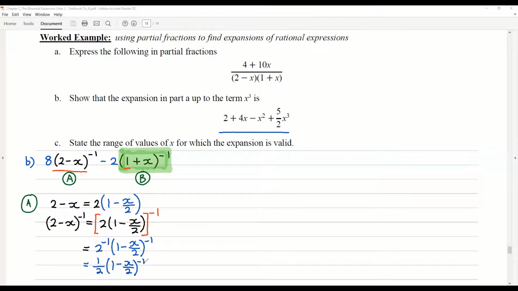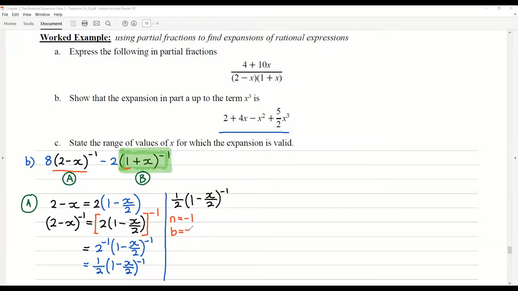Now, let's do the expansion. So I'm just going to partition the board a little bit. Let's just rewrite this. So we're going to perform the expansion. This is for A only. 1/2 multiplied by 1 subtract x over 2 to the power -1. And as is customary, what I recommend you do, write down what your n is and write down what your b is before we do anything else.